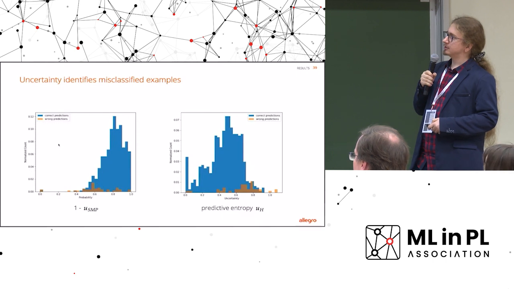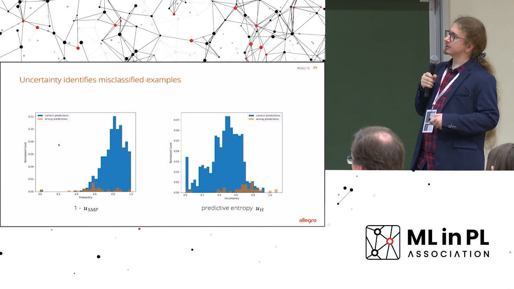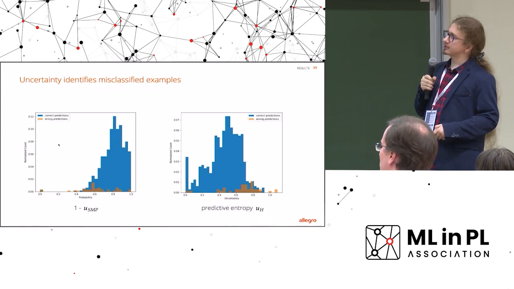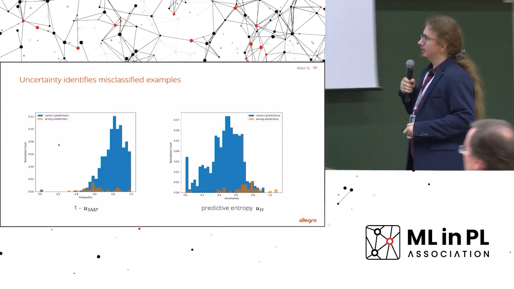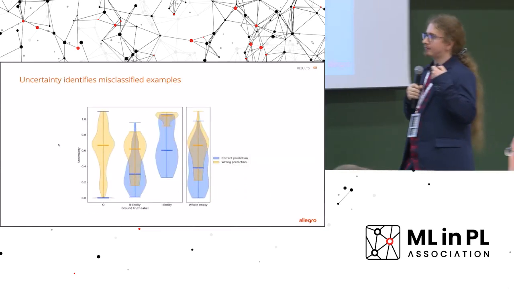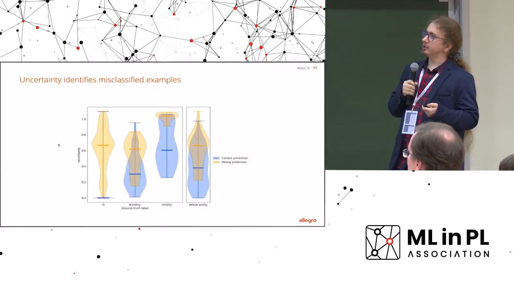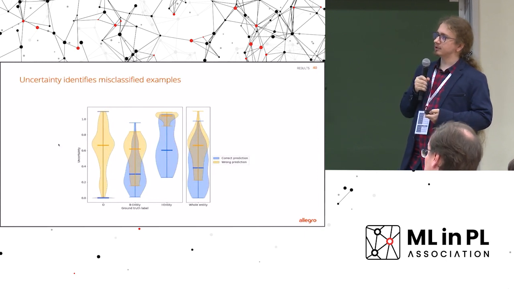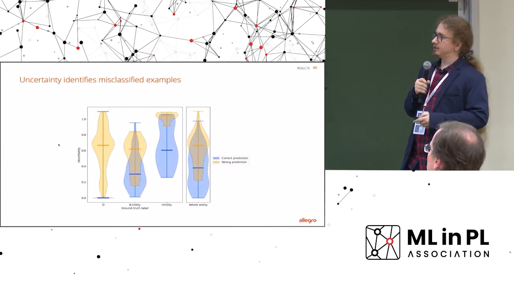So you can see here on the right that if we use this entropy measure as our uncertainty measure, we can also get a very good separation between correct and wrong predictions, and even a little bit better than for this standard sampled mean probability measure. And this is for the whole entity level. We also evaluated this for a single label level.